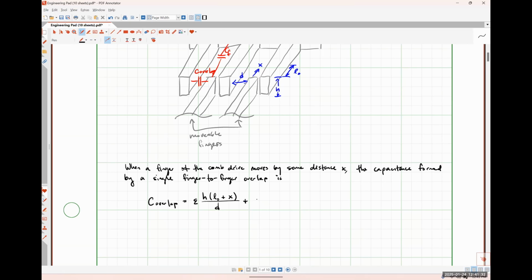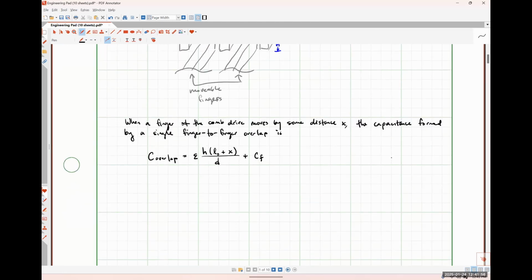And then we're going to add to this some fringe capacitance C_F, which I said previously we're going to wind up neglecting for the most part, because it's going to be so much smaller than our designed overlap capacitance. The area of overlap is incredibly small, and typically the distance between those two regions is large.